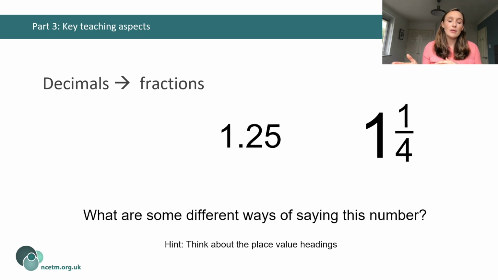This 0.07, how can we say that in a different way? What does this mean? And from there, we can draw out the fraction, because if they understand what the place value headings mean, they should be able to create the fraction themselves without having to rely on a memory of various ones, some that they might already know, like 0.5.